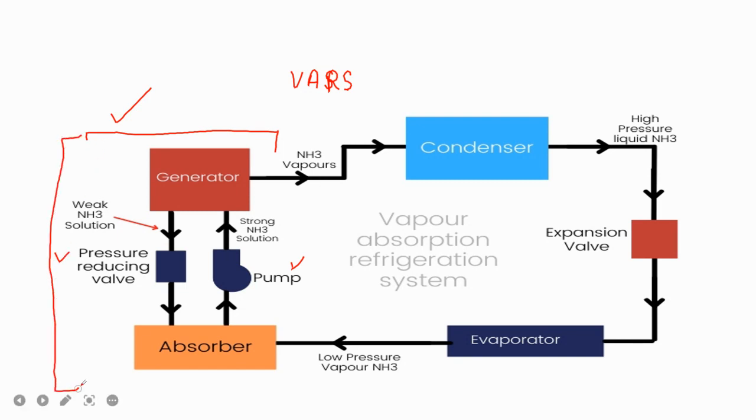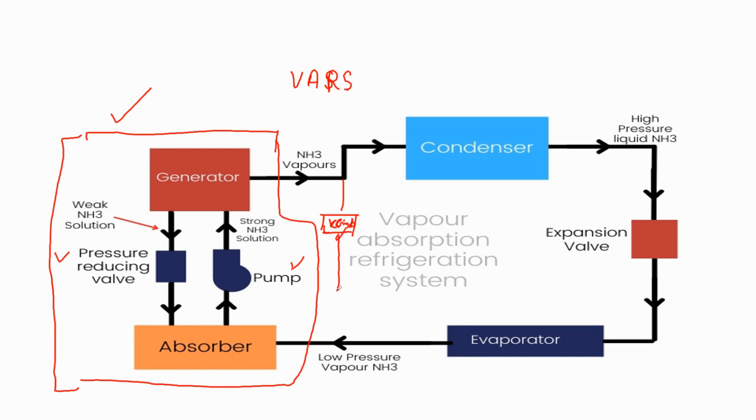This complete system is what we replace in a vapor compression refrigeration system; this part is replaced by a compressor. Since it is a vapor absorption refrigeration system, we have these components here. Now we have to see what the COP of this system is.